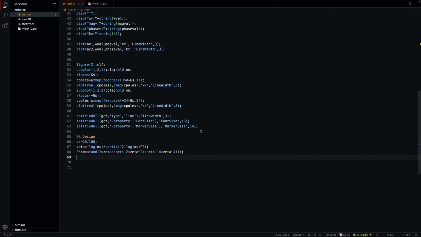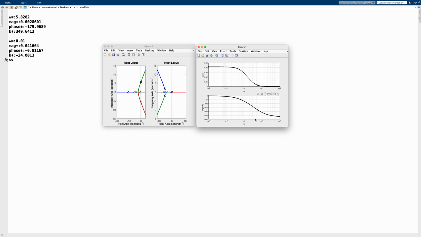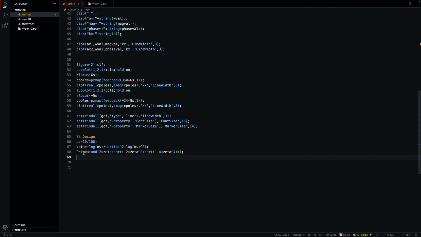And it's about the distance from the marginal stability point, which is called the phi m, the phase margin, because it's a margin on the phase plot, and it is a distance between our point of interest and the marginal stability point, minus 180 degrees. So this formula will help us in determining how much distance we should go on the phase plot so that we get the overshoot that we're looking for.